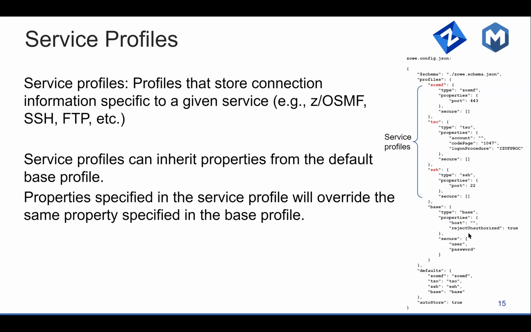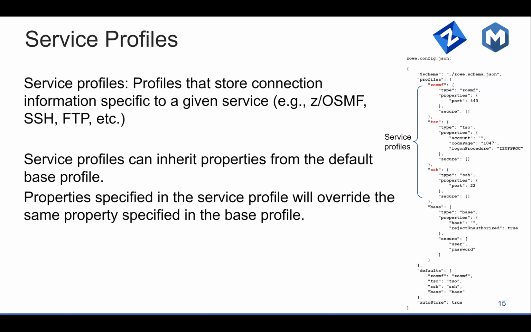So in service profiles, you store all of your connection information. It's also worth noting here that service profiles can inherit the properties of the default base profile. And the base profile is kind of a special kind of profile. I'll talk a bit more about it on the next slide.